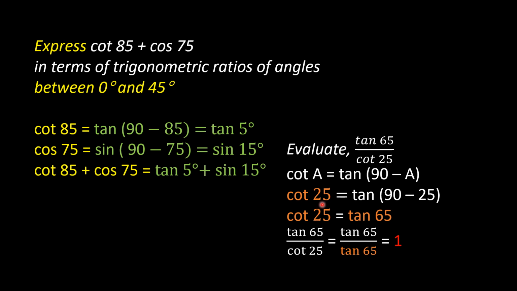So cot 25 will be tan of (90 minus 25), which will be tan 65. So in the expression, we will replace cot 25 by tan 65. So tan 65 divided by tan 65 will be 1. So the value of this expression will be 1.